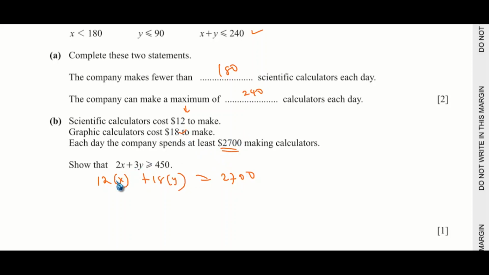So about 6 can go, divide this by 6, divide this by 6, divide this by 6. So you should have 2x plus 3y to be greater than or equal to 450. So that has been shown.